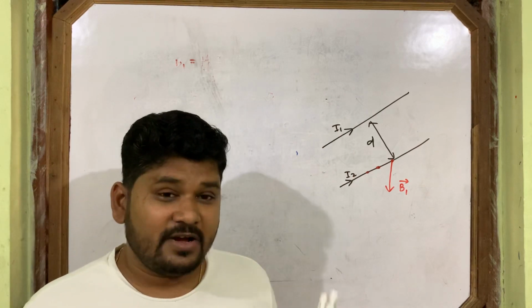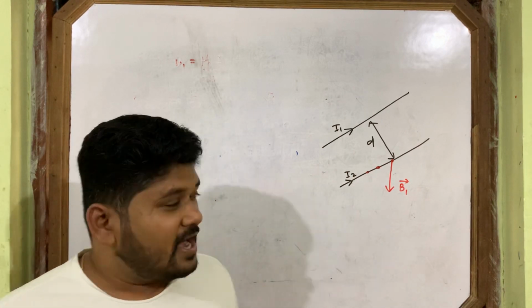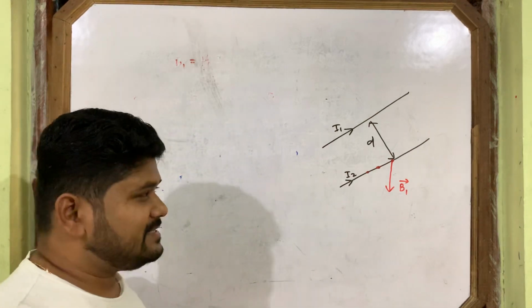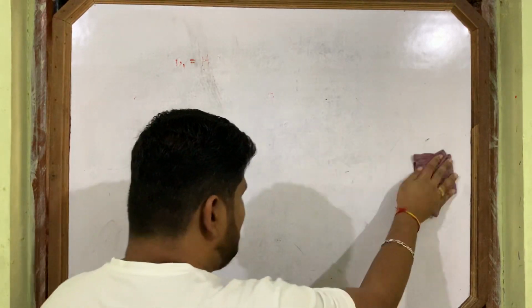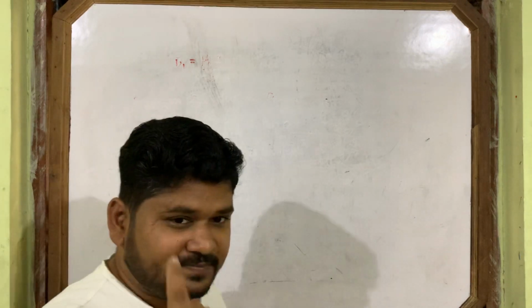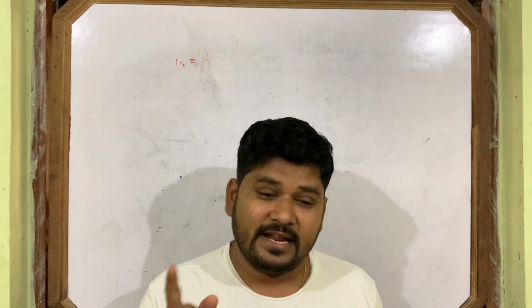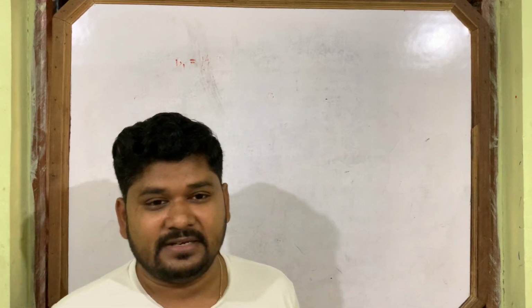But when it comes as a 3 marks question, how much did we do today? This is 2 marks, what I did now. Then where is 1 mark left? Definition of ampere. The question will come: derive the expression of force between two parallel currents. Hence write the definition of ampere.